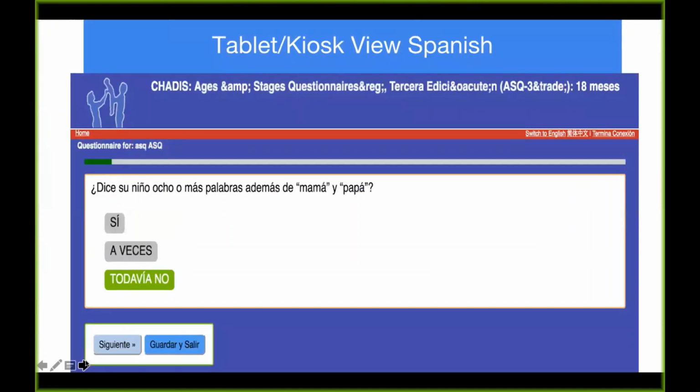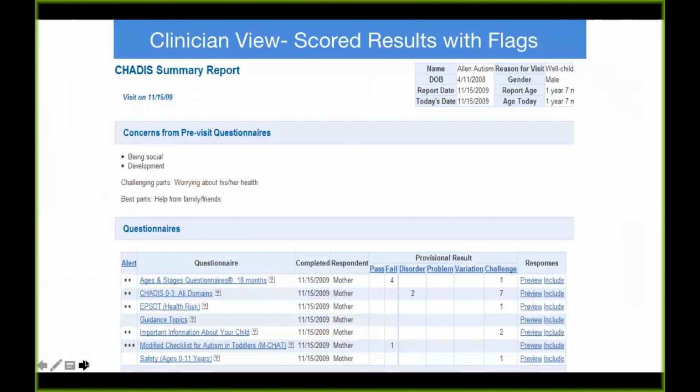And the good news is that it appears in Spanish for the patient, like as shown here, but the answers come back to the doctor in English. That's important because while the patient may be more comfortable understanding questions in their native language, the doctors may not. It's very difficult for doctors to look at the results of a questionnaire where they can't see what it would read in English. So we've solved that problem for you.